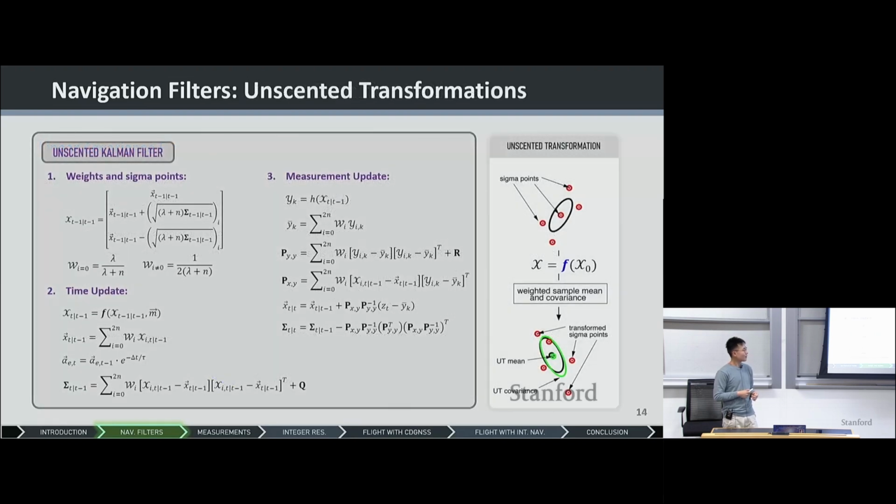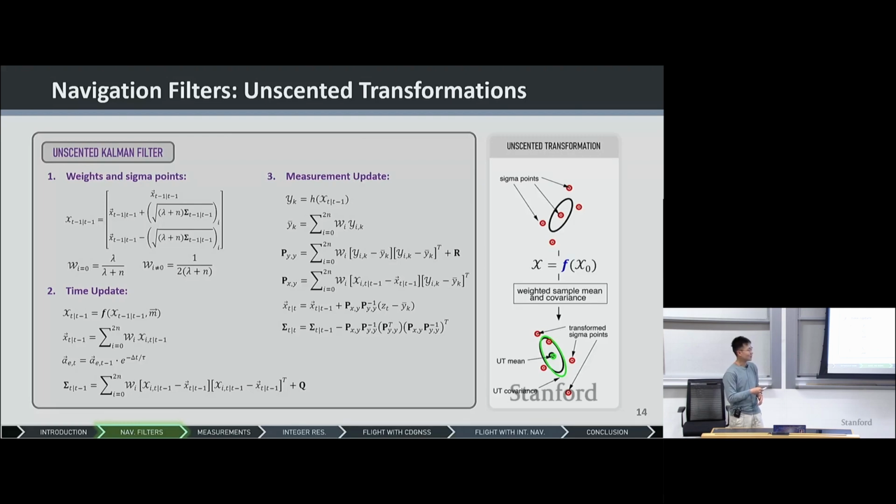But all this said, people have also tried to not worry about the linearization of dynamics. One thing you may have encountered is the unscented Kalman filter, where you don't need to worry about the linearization of dynamics, because it allows you to reconstruct your distribution after a process by selecting 2n plus 1 strategic points.